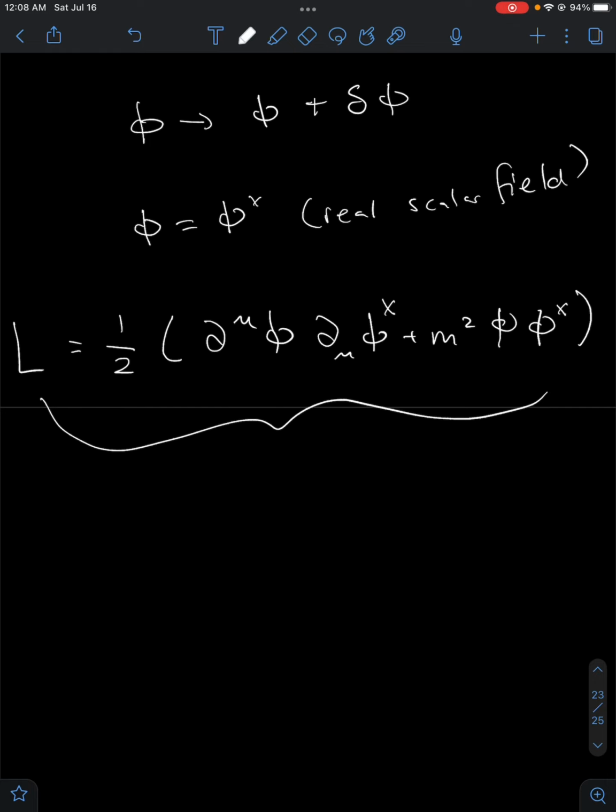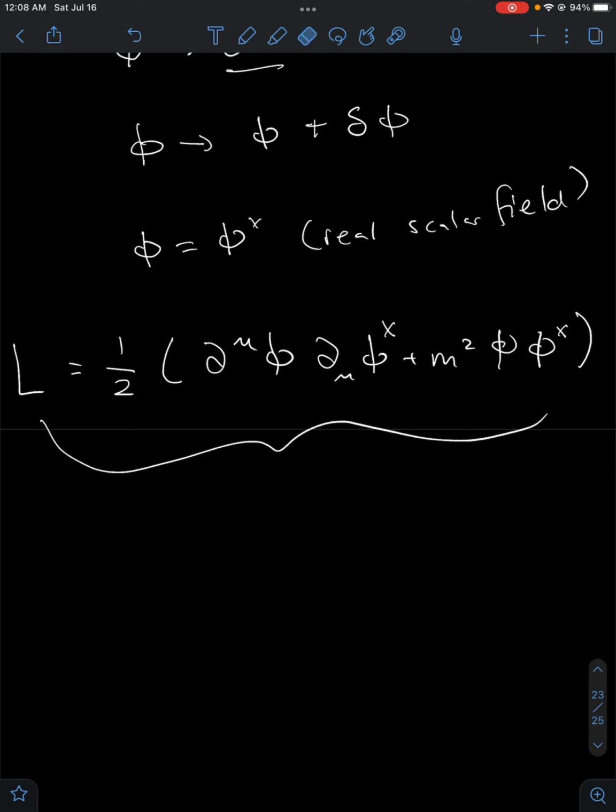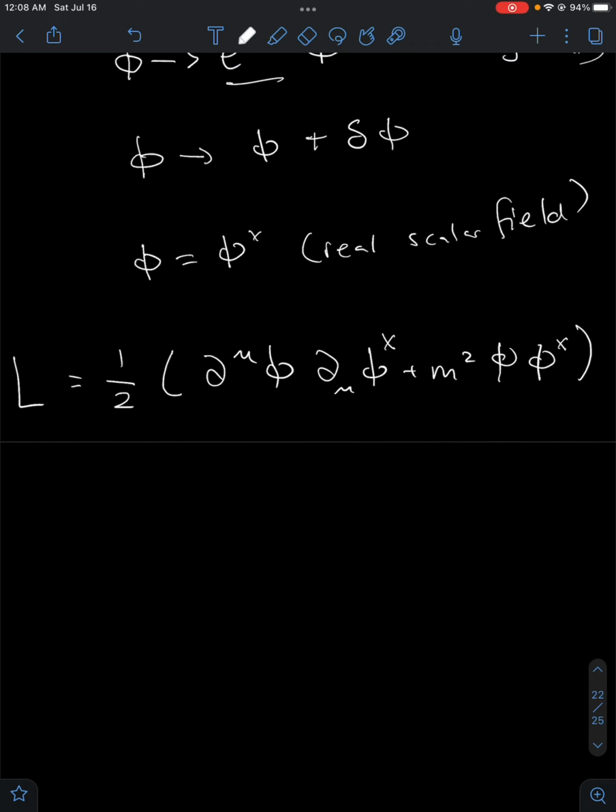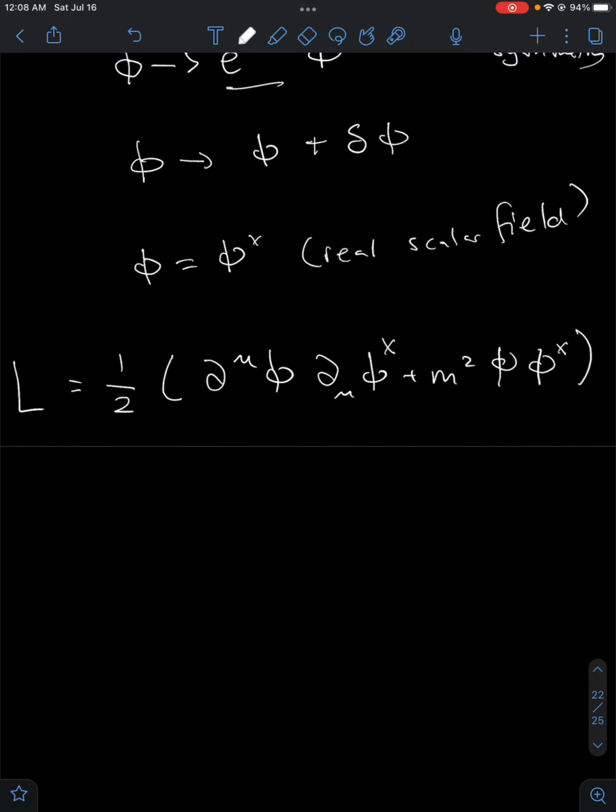Now, we could just remove the complex conjugate and remind ourselves that we really should be taking the complex conjugate, and then it's all fine. But to be more precise, we have to add that complex conjugate there for our complex scalar field.